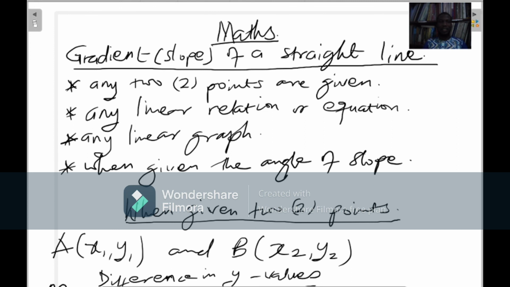And then we also said that we can find the gradient of a line when the equation of the straight line is given. By that, we are saying that when the equation is given in the general form, which is ax plus by plus c equal to 0, then we can simply write the gradient as m equal to negative a over b, which is the negative ratio of the coefficients of x and y. Or better still, we can make y the subject of our equation, and then we pick the coefficient of x as our gradient.